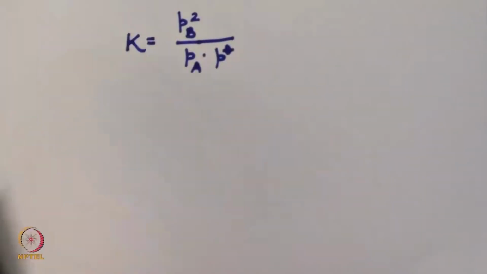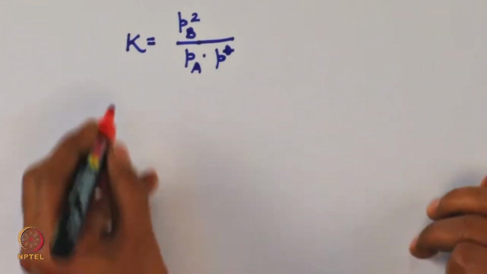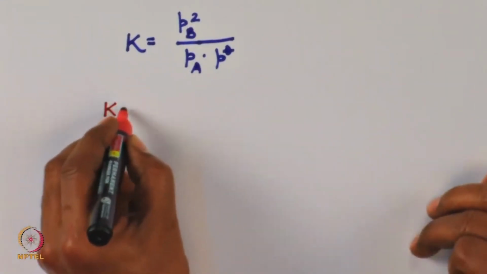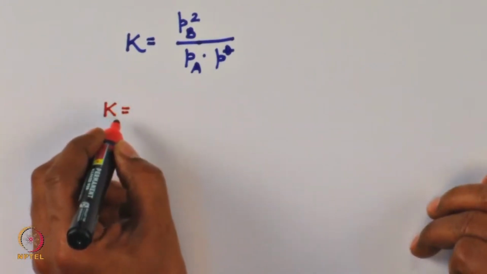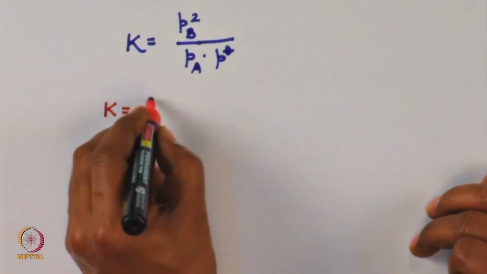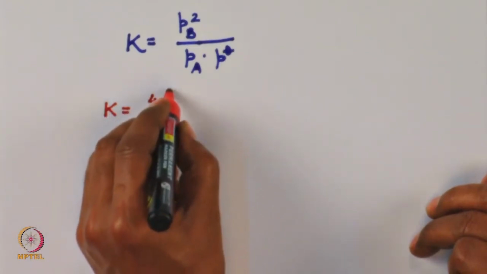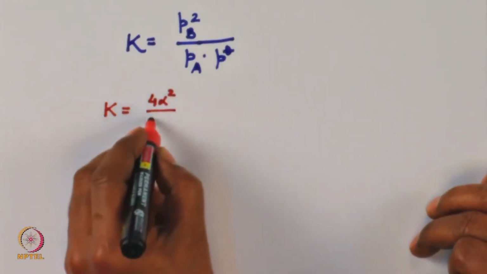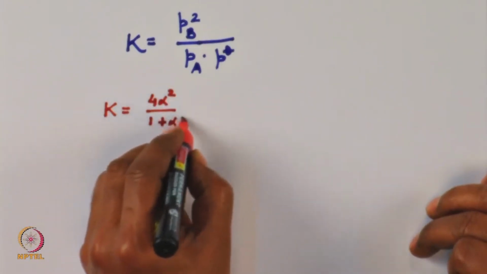and I will substitute the mole fractions. So, K is equal to P_B square. P_B square is 4 alpha square over (1 plus alpha) square.